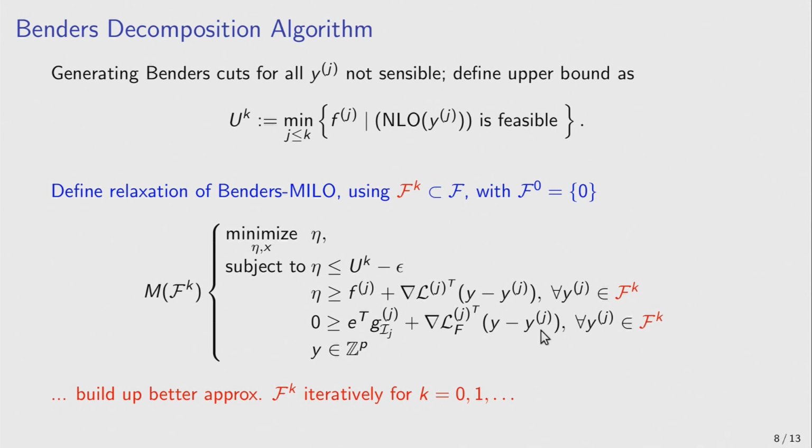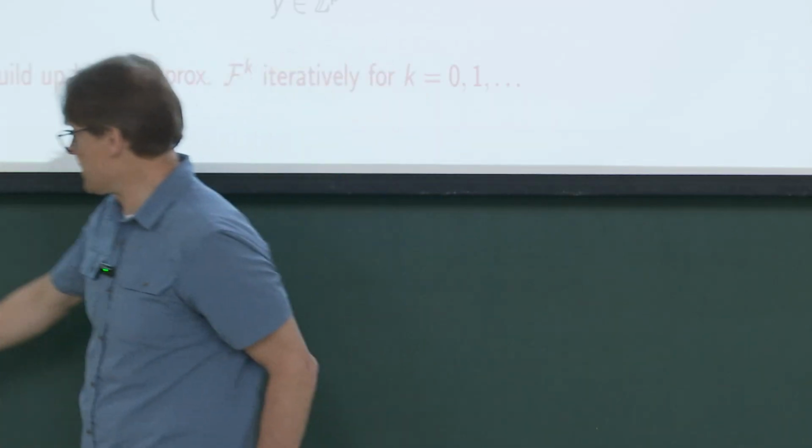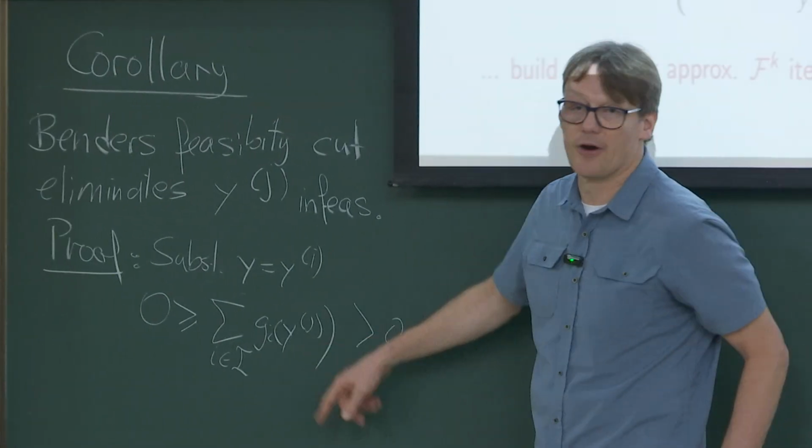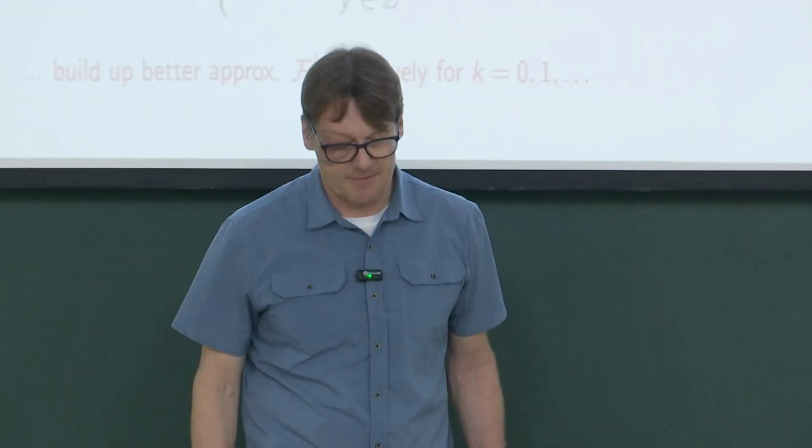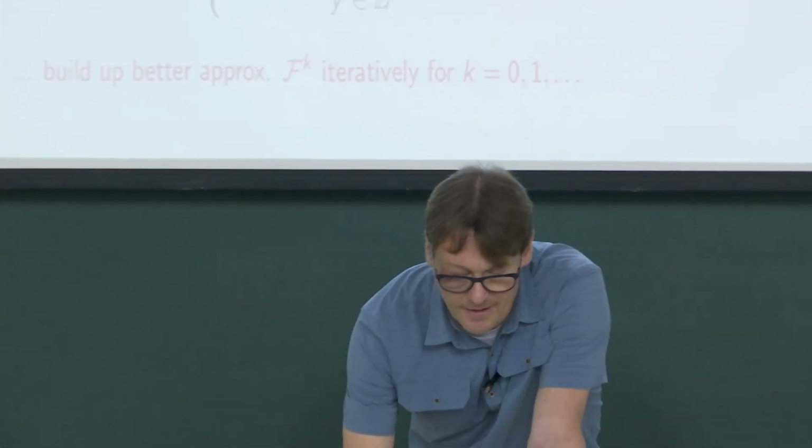The notation here is probably not clear, but the first set of yj are those that are feasible, the second one are the ones that are infeasible. So you're either at an optimality cut or a feasibility cut. The infeasibility cut doesn't do anything for you if the problem is feasible, because in that case the summation would be 0 and it's just a vacuous cut. So you wouldn't add this.